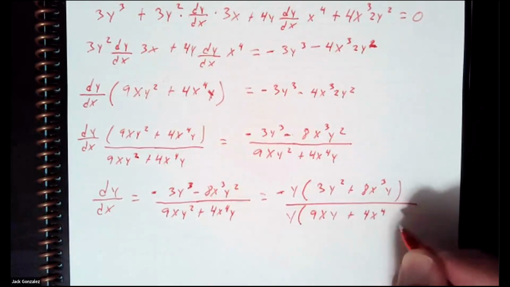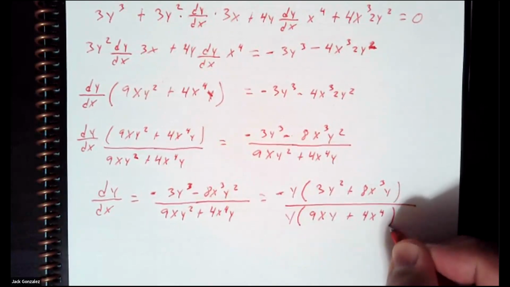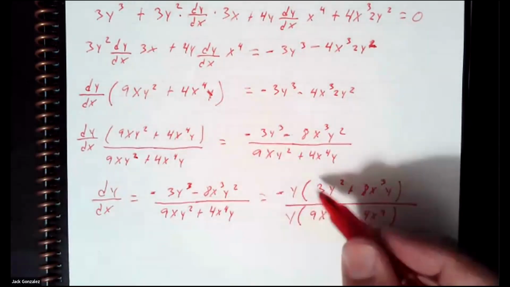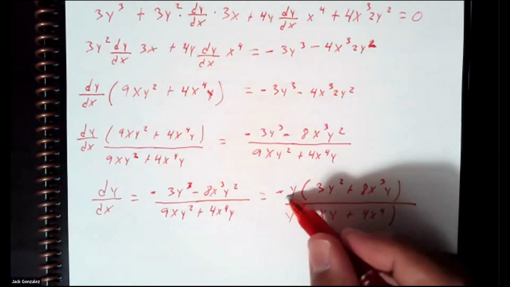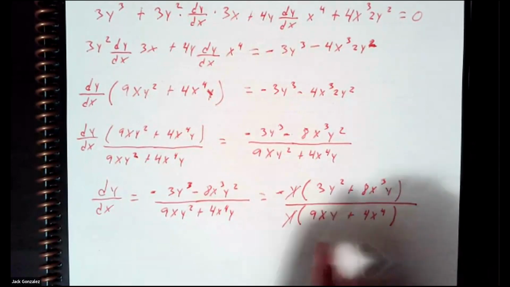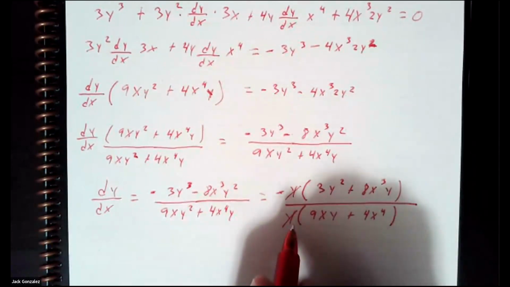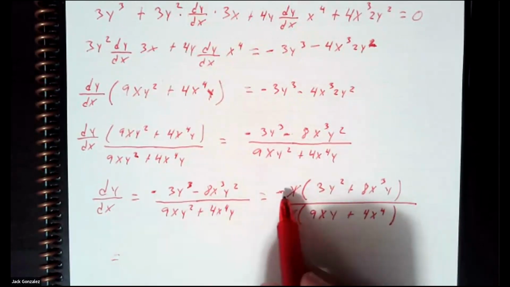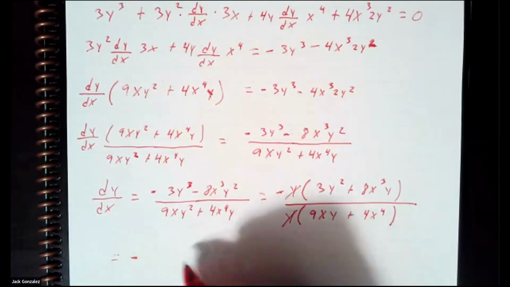We also have x, but not on top, right? So the only time you're able to cancel is if you have a product. So that's all I can do. But I factored a negative, so you could put the negative in front just because.